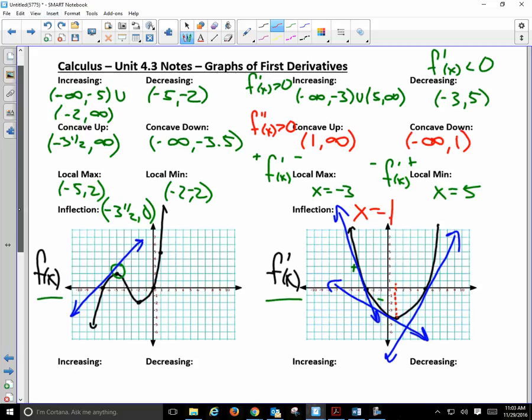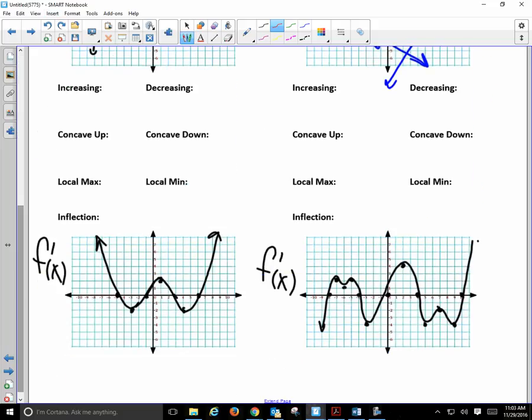So let's try, we're going to do this one together, and then you're going to do the last one on your own, and then you'll have the assignment, okay? So let's start with increasing. Always make sure that you look at the label. This is f prime of x. If this is f prime of x, I want to identify where f of x is increasing.